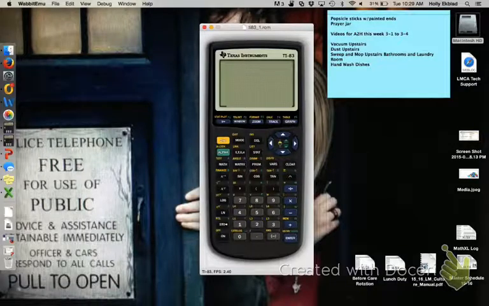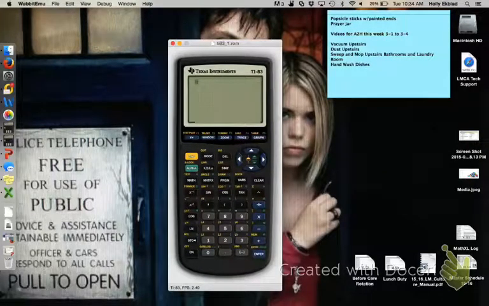Okay, so hopefully you can see this. So go ahead and click on your y equals. Alright, so here we go. So I'm going to go to y equals, and in y1 I'm going to put 3/2 x plus 4.